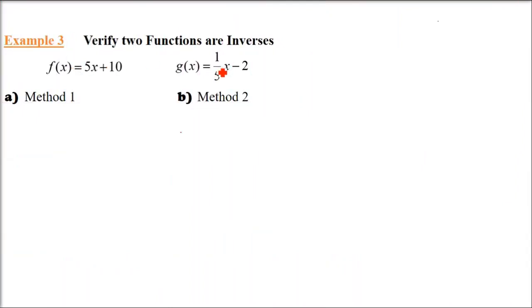These are two functions. How do we find out whether these two are inverses of each other or not? There are two methods. The first method: f(x) is equal to 5x plus 10. Assume f(x) to be y. So y equals 5x plus 10. Now interchange x and y values.